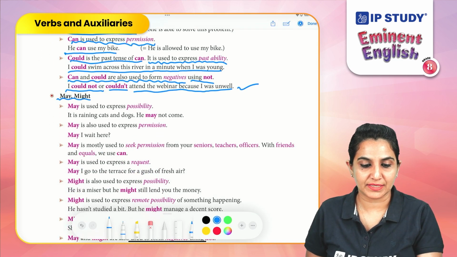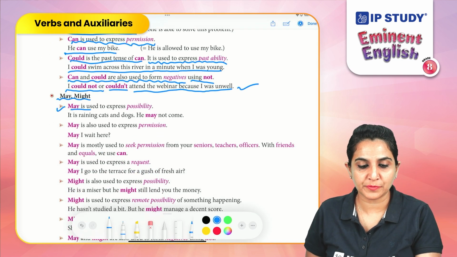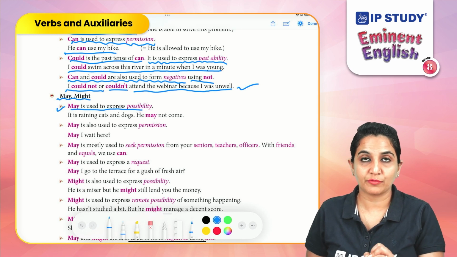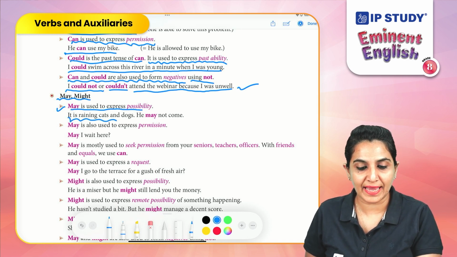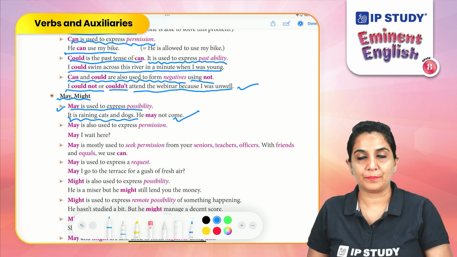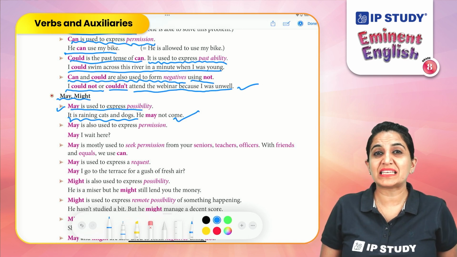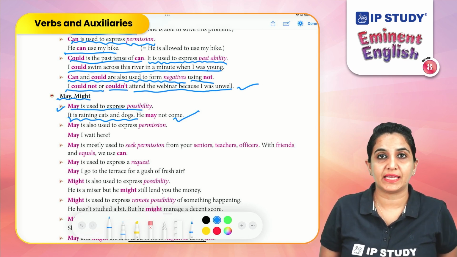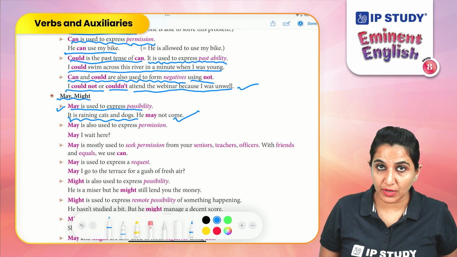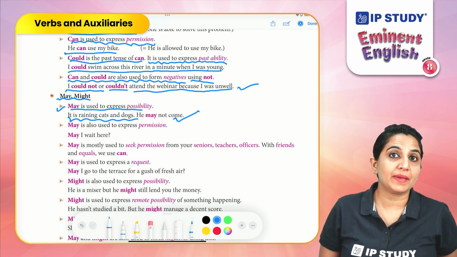May and might. May is used to express the possibility. For example, it is raining cats and dogs. He may not come. It is raining cats and dogs means it is raining very heavily and he won't be able to come. That means he may not come.